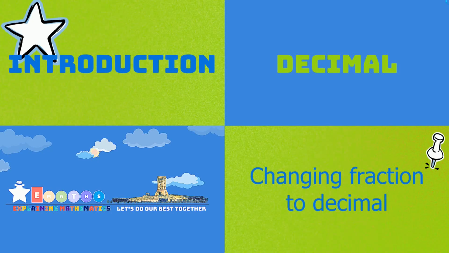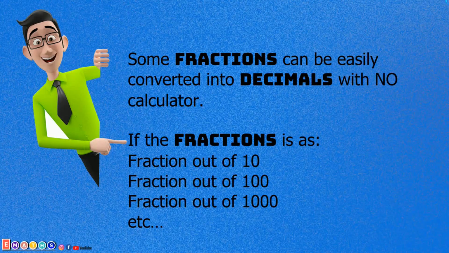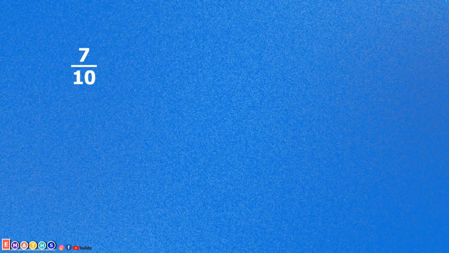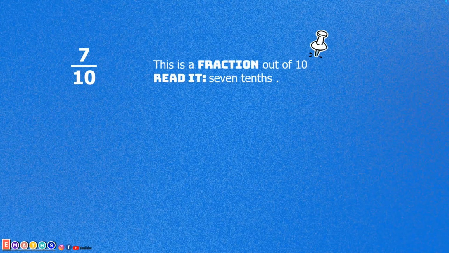Changing fraction to decimal. Some fractions can be easily converted to decimal with no calculator, if the fraction is a fraction out of 10, fraction out of 100, fraction out of 1,000, etc. Let's take a look at this example.